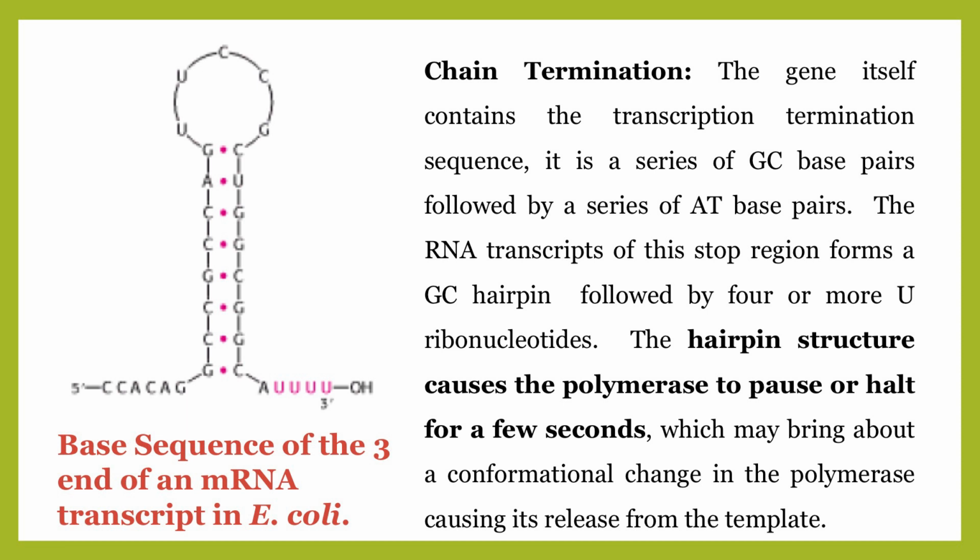So, the RNA releases, and the enzyme also leaves the termination sequence, as a result of the three dimensional conformation of the hairpin like structure, which results in termination of the process of transcription.